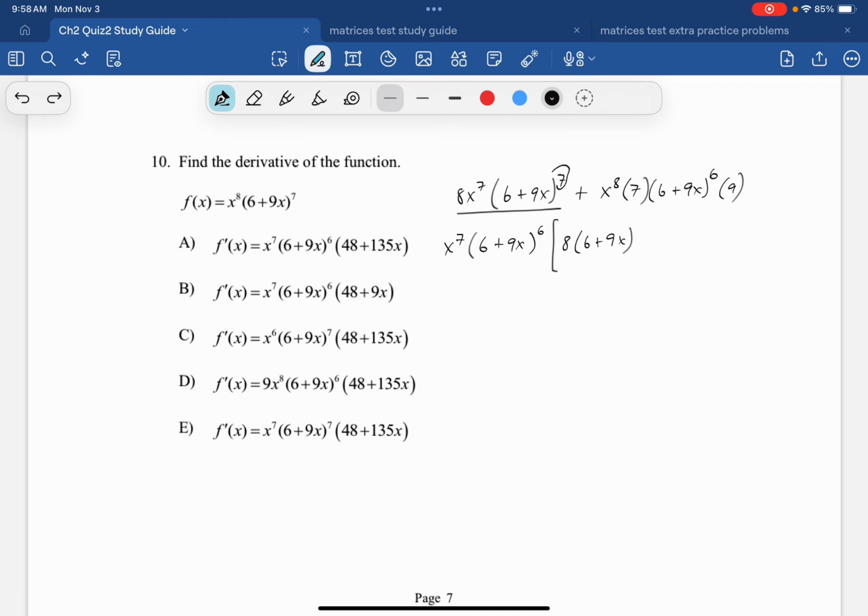Because here I have a power of 7, whereas I'm taking out a power of 6. Okay, and then the right term, I'm going to be left with the 7 times 9, so that's 63. And then if I take out an x to the 7th, I'm just going to be left with an x here. And then this 6 plus 9x to the power of 6 totally disappears because I've factored it out completely. And so that's all I'm left with.